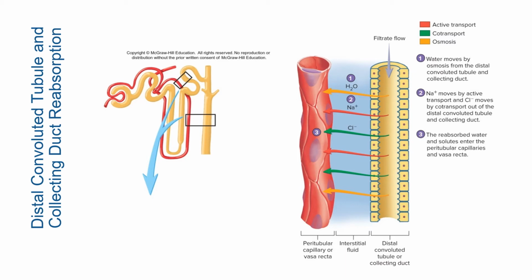So the water moves by osmosis from the distal convoluted tubule and the collecting duct. And then the sodium moves by active transport and chloride moves by co-transport. So that's going out from the distal convoluted tubule and the collecting duct. And then the reabsorbed water and solutes enter the peritubular capillaries and the vasa recta.